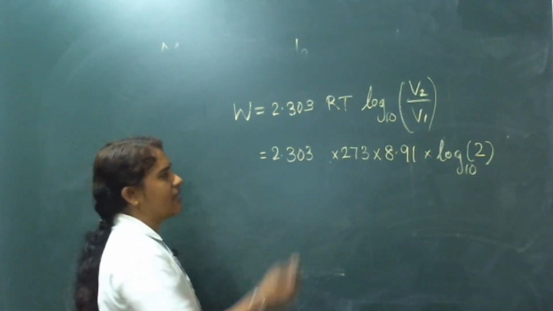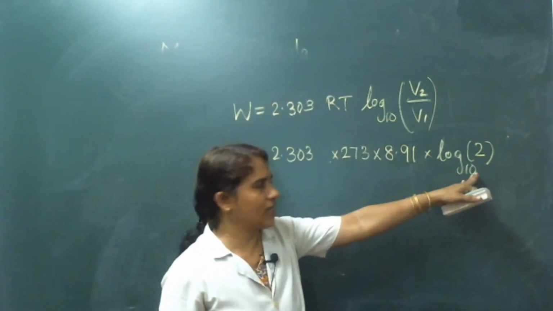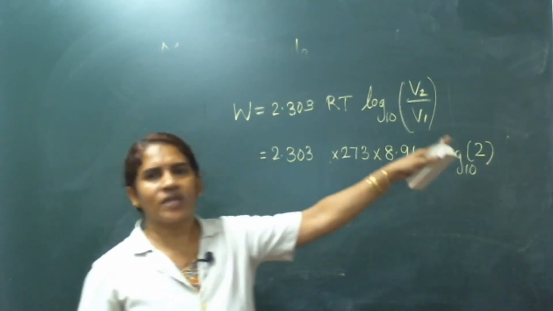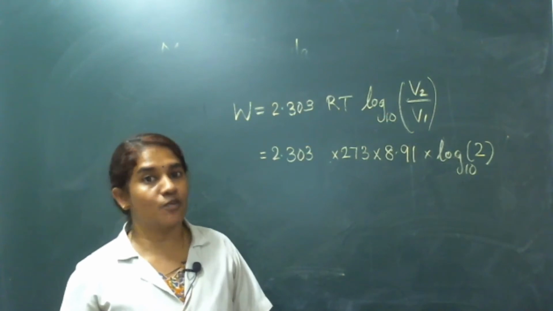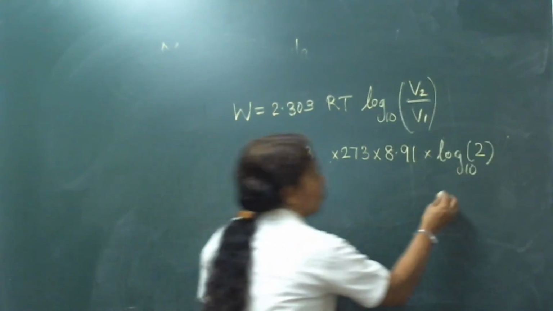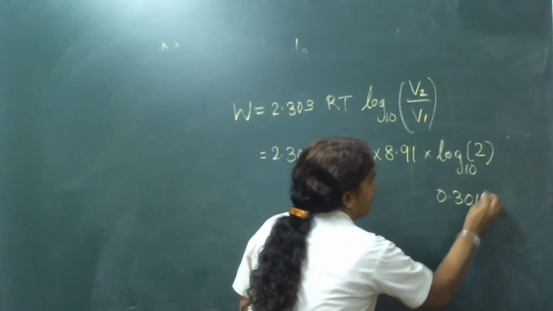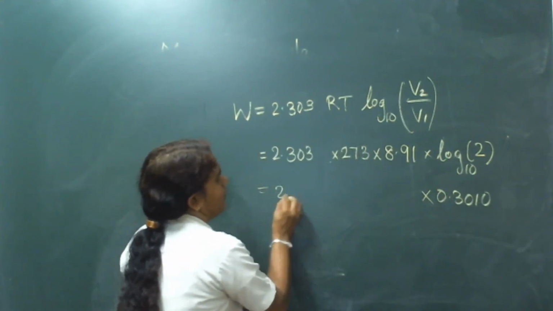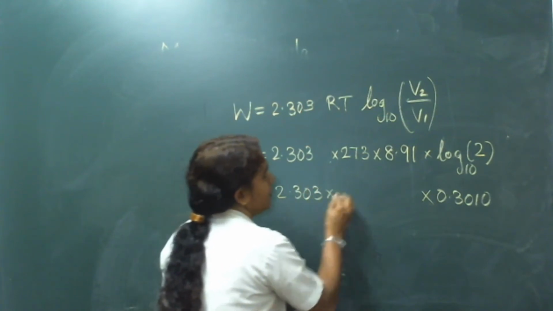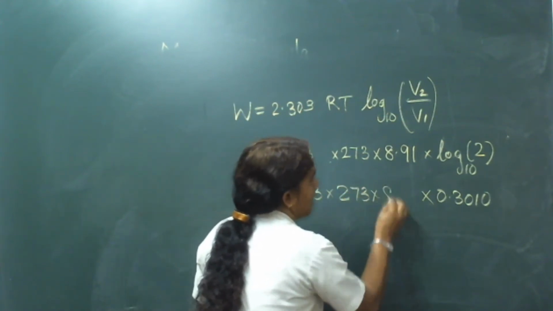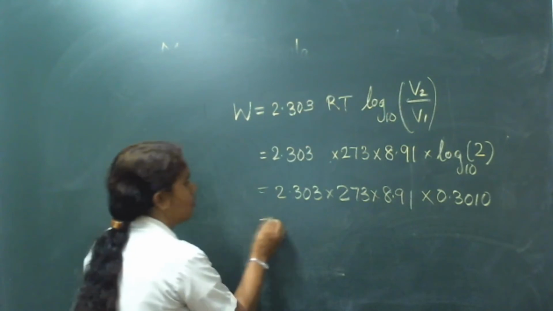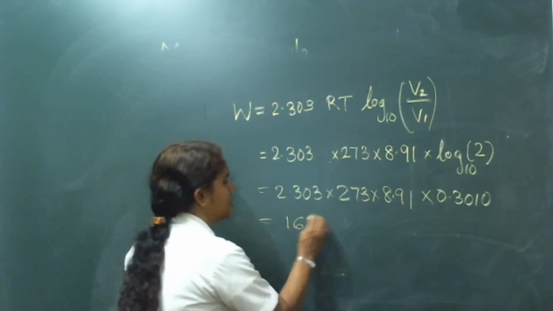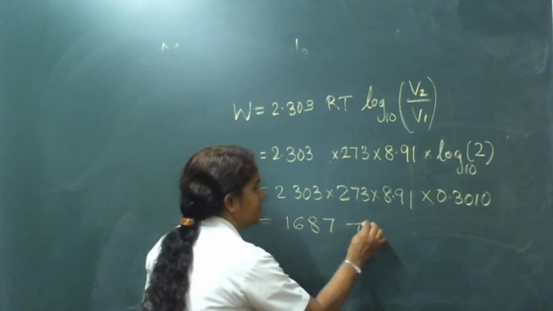Multiply it, easy now. In your calculator you can take log to the base 10 of 2. Log 2 is 0.3010; that value may be known to you. Therefore, by multiplying all, 273 into 8.91 into log 2, what are we getting? Is it 1687?